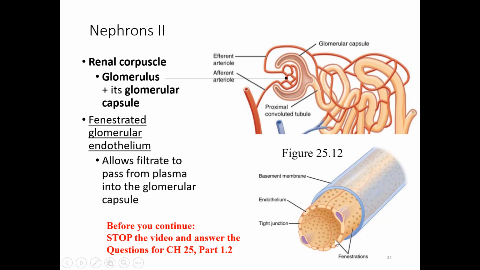It means they have openings or fenestrations. That allows the filtrate from the blood that comes here. Some part of it goes outside of those capillaries into the glomerular capsule. So from here, outside into the capsule. Before you continue, please answer the questions for part 1.2.